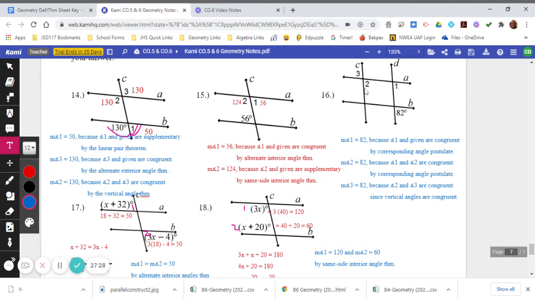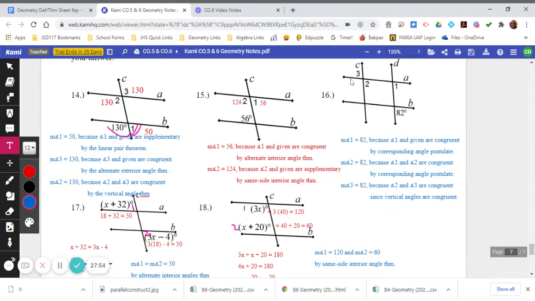Angle 1 and 2 are going to be corresponding angles as well. So I don't necessarily always have to use my given in one of the two angles. So I used 1 and 2 are going to be corresponding angles, so they're 82, and angle 3 is a vertical angle from angle 2, so 2 and 3 are congruent because vertical angles are congruent.